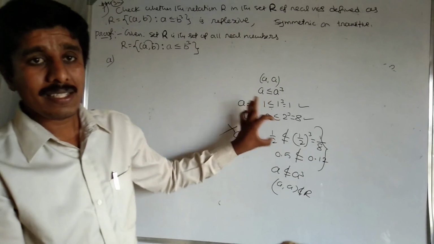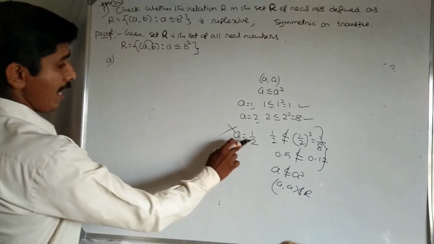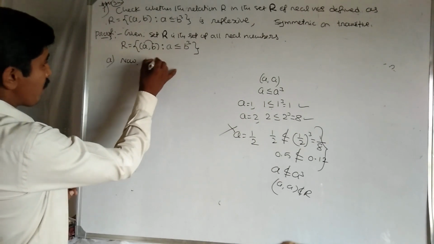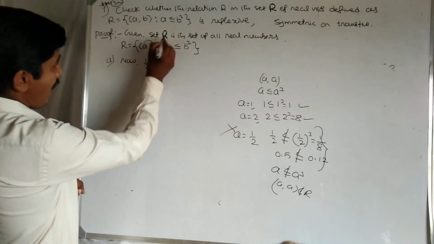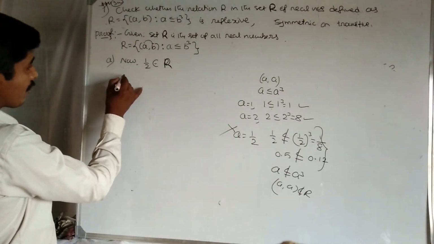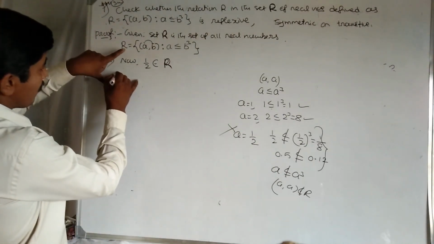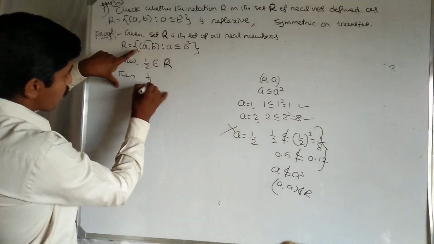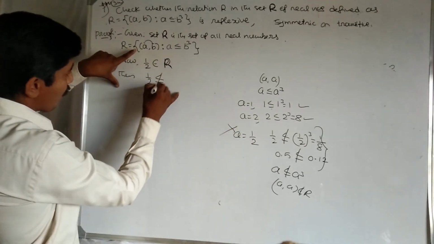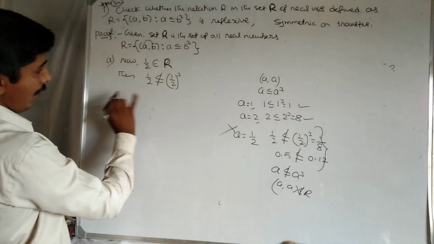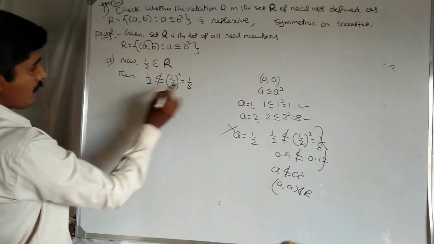Take one particular element, half, which belongs to the set. Half is not less than or equal to half whole cube, which is 1 by 8.